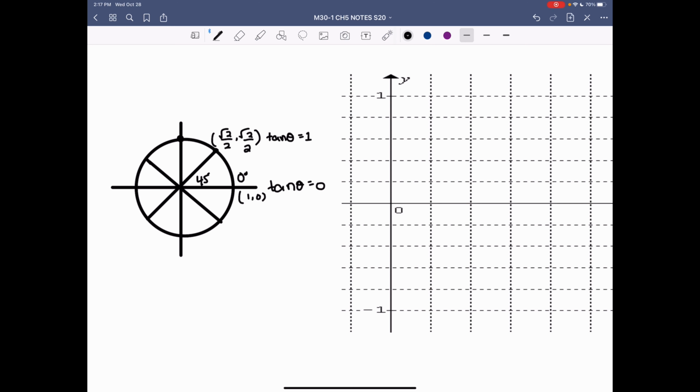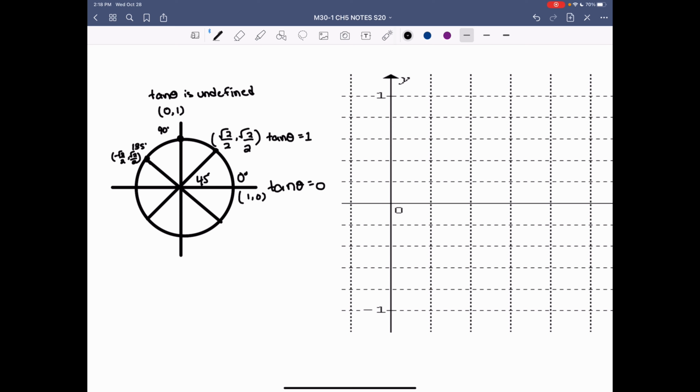At 90 degrees, we have the point (0, 1), which gives us tan theta is undefined, because we would have 1 divided by 0. At 135 degrees, we have the point (negative root 2 over 2, positive root 2 over 2).